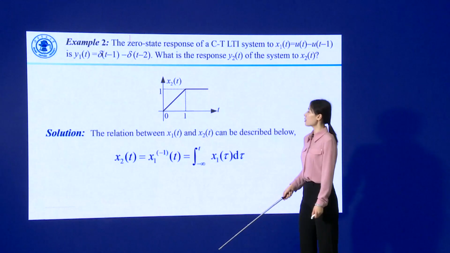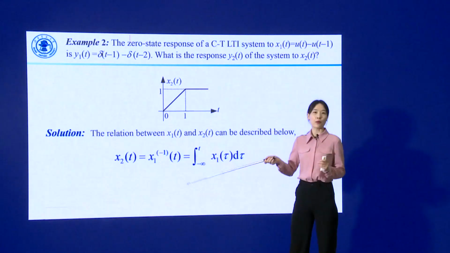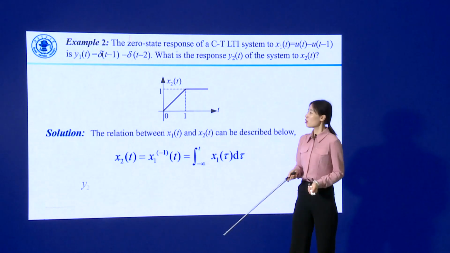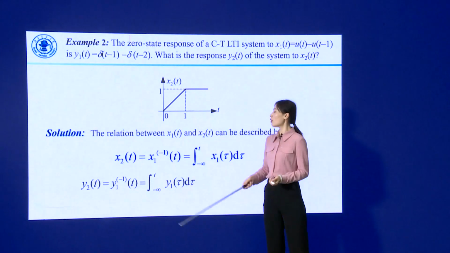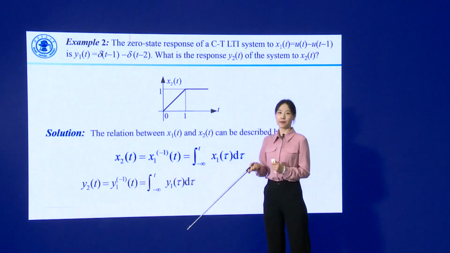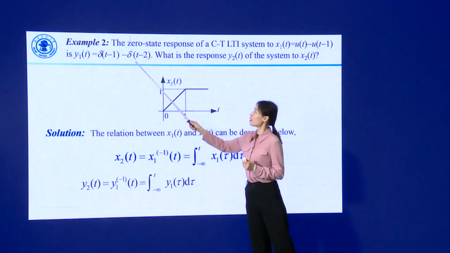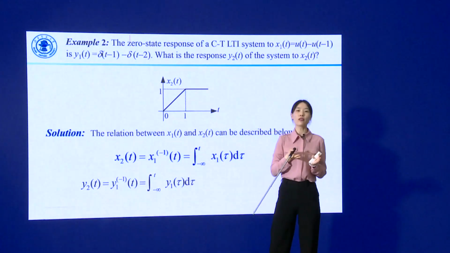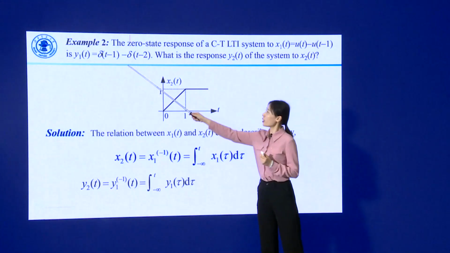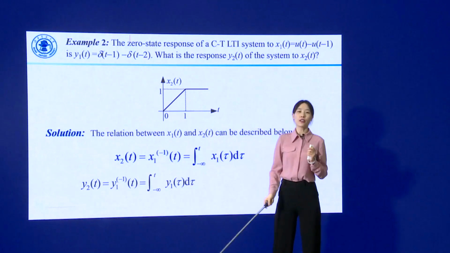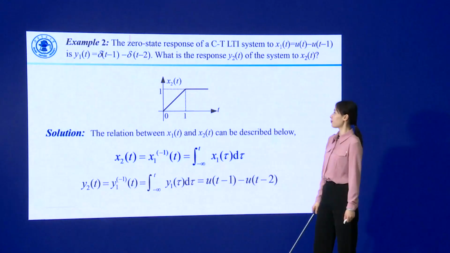We can find that s2(t) is the integration of s1(t). Thus, y2(t) is also the integration of y1(t). For this y1(t), it is the summation of two impulse signals, and we know that the integration of the impulse signals are the step signals. Thus, we can get the final result.